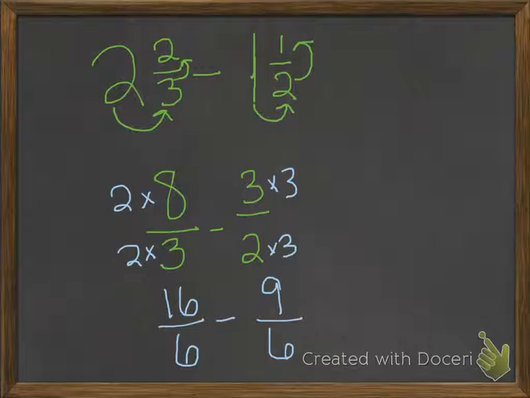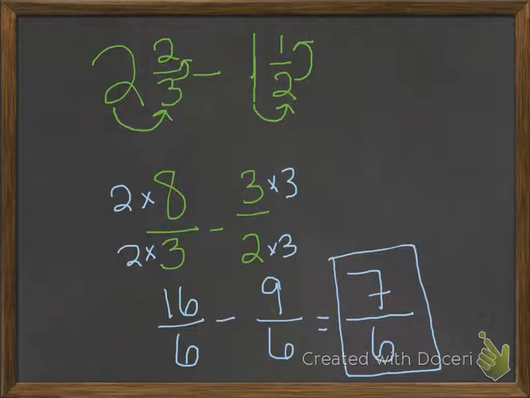This is a subtraction problem, and we're now dealing with the same denominator, so we keep that the same and simply subtract our numerators. 16 minus 9 is 7. And if I ask myself, can this be reduced? I know that it can't. So my final answer would be 7/6.